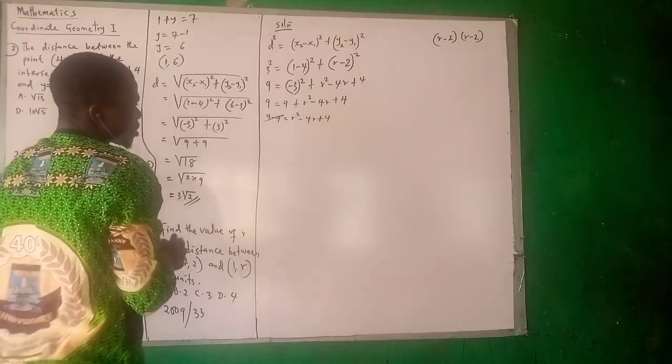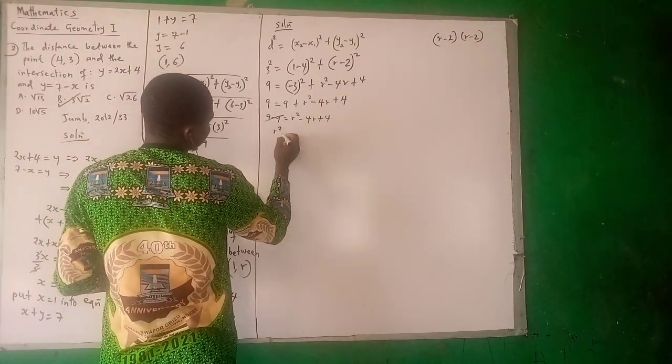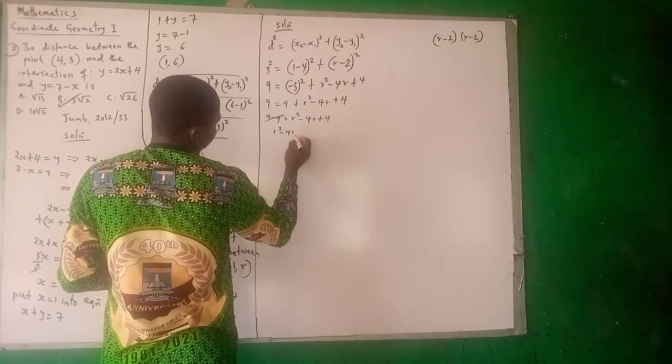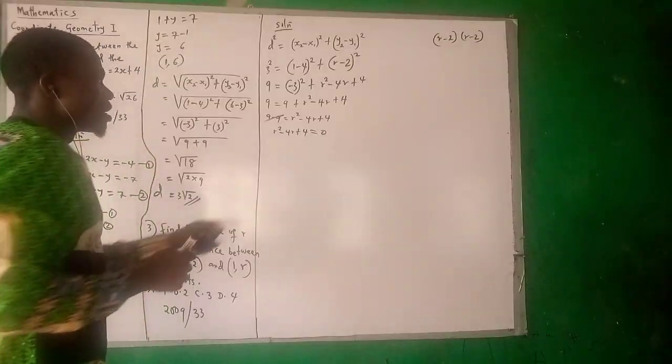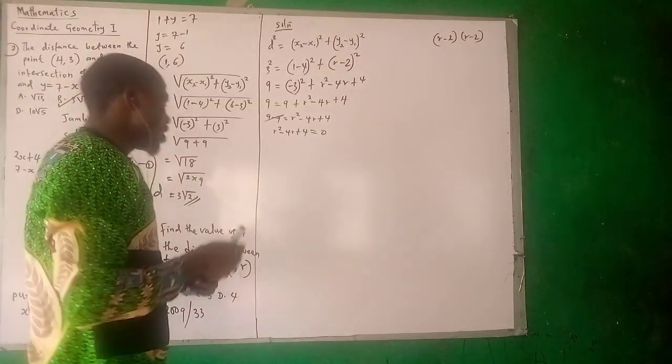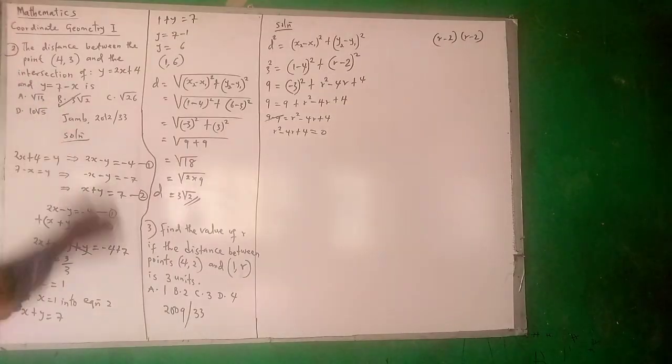Taking 9 minus 9, this cancels out. Now what I have is r squared minus 4r plus 4 equal to 0. This is a quadratic equation, and I hope you know how to solve quadratic equations.